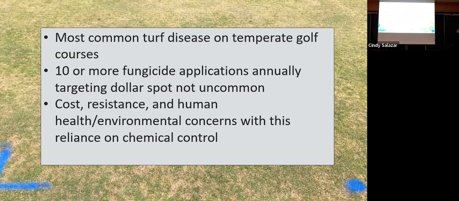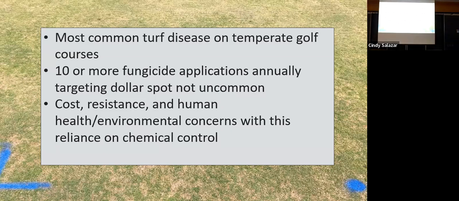And there's just not a lot of cultural practices that significantly reduce the activity of the disease. So really, we're very reliant on chemical fungicides to suppress this disease. However, we're starting to approach some difficulties with the repeated use of fungicides for dollar spot control. The costs of these products have increased significantly since COVID.